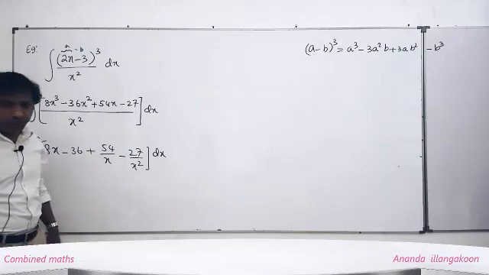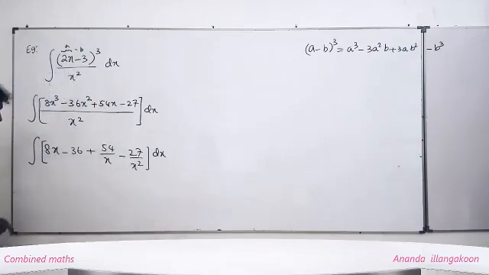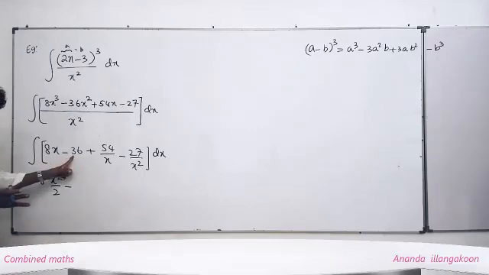Now each term you have to integrate, people. Here 8x, when you integrate, keep 8 out because 8 is a constant. X to the power 1, x squared by 2, no? 36x. Here 36 is a constant, no?